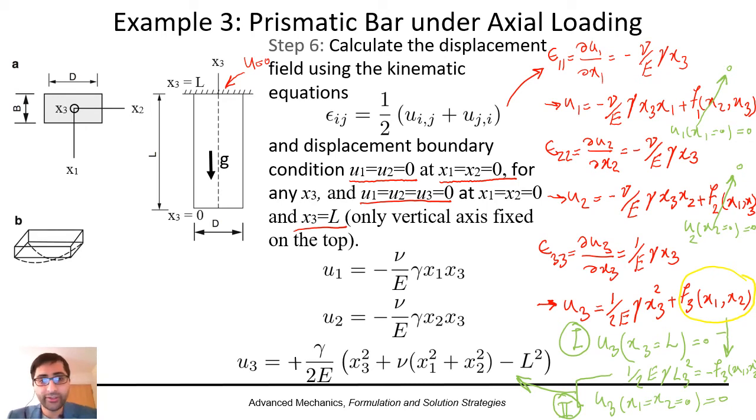One important observation here is the displacement at the tip, which is x3 equal to 0, is not uniform, and it's parabolic, with a maximum along x1 equal to x2 equal to 0 at the center, basically the center of the cross-section.